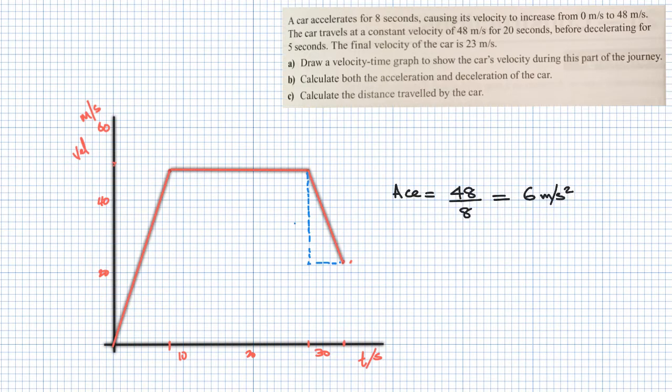So this is 25, the reduction in velocity there. And it's only done that for 5 seconds. So therefore, our deceleration is equal to 25 divided by 5, which is 5 meters per second squared again.